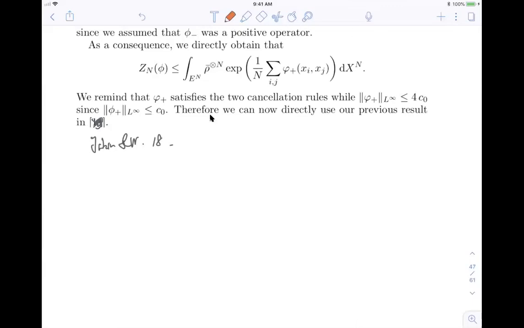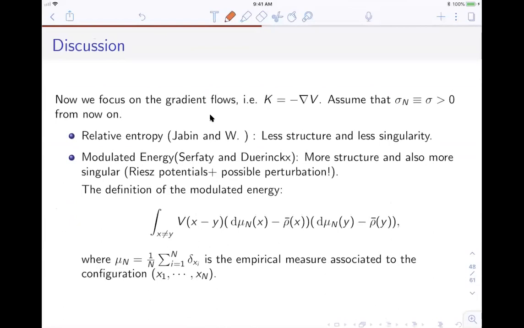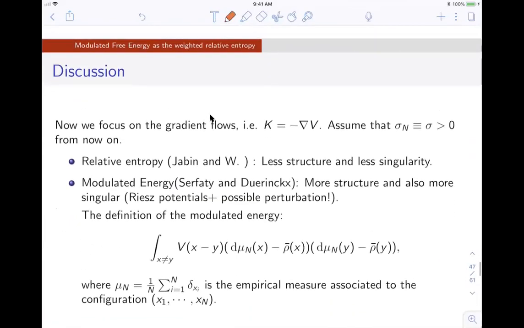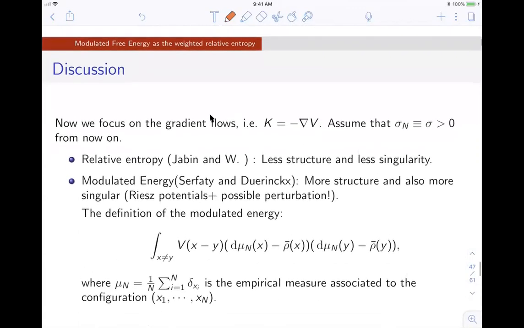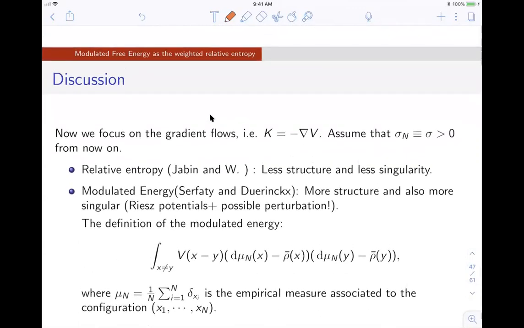Okay, I think I will stop here because the later part starts talking about the new method.